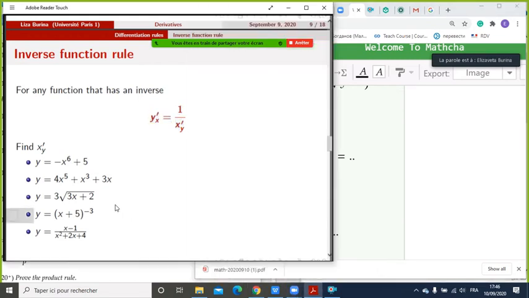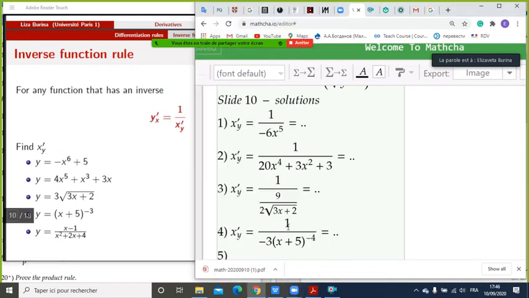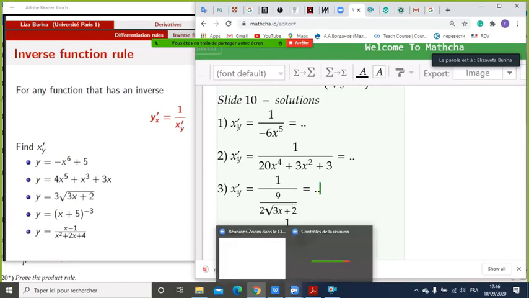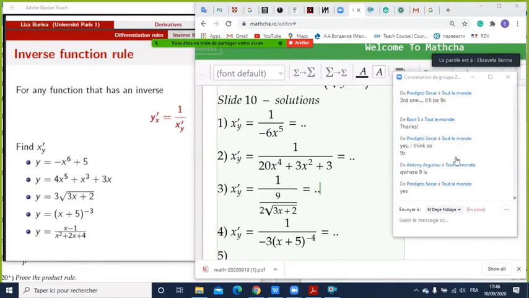The derivative of the square root is 1 over 2 square root, and then I'm supposed to find the derivative of the inner function, which is just 3.